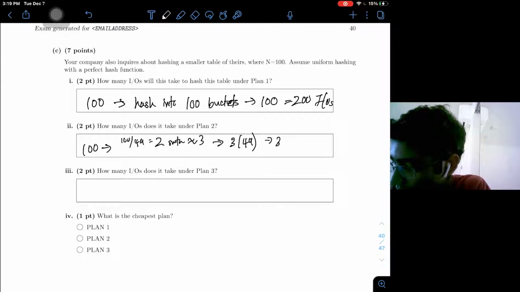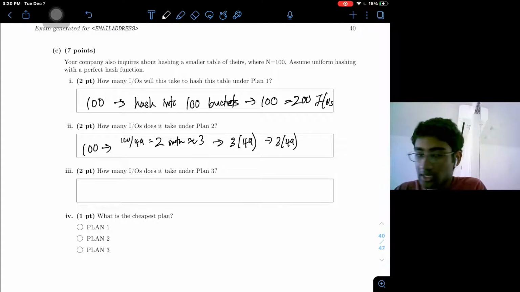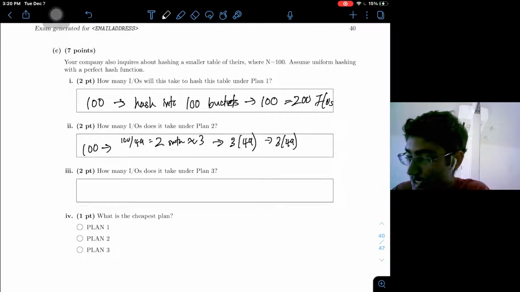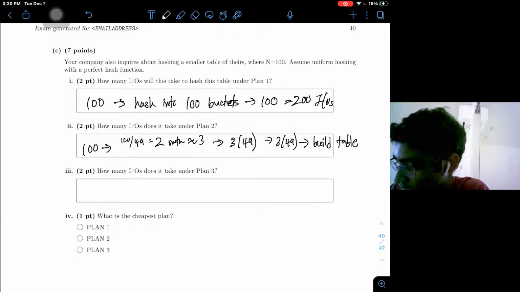Then we read back in that 3 times 49, because now we have 49 partitions of size 3 each. Since 3 is smaller than 50, we can take each partition and build an in-memory hash table of it. So we read in all those pages again, and we build the tables. Right, so this is the build table phase, and then we write those tables back.